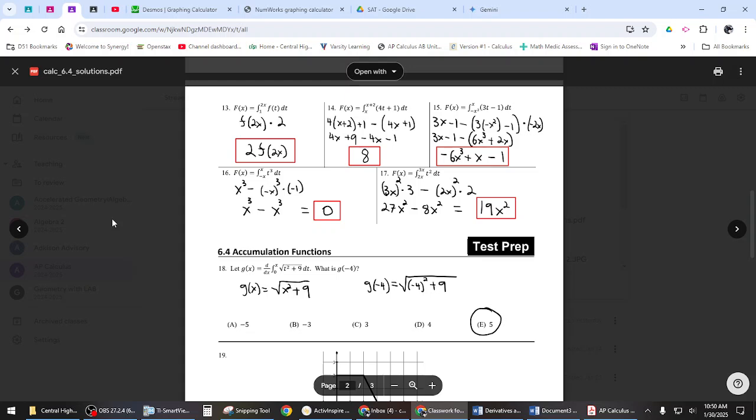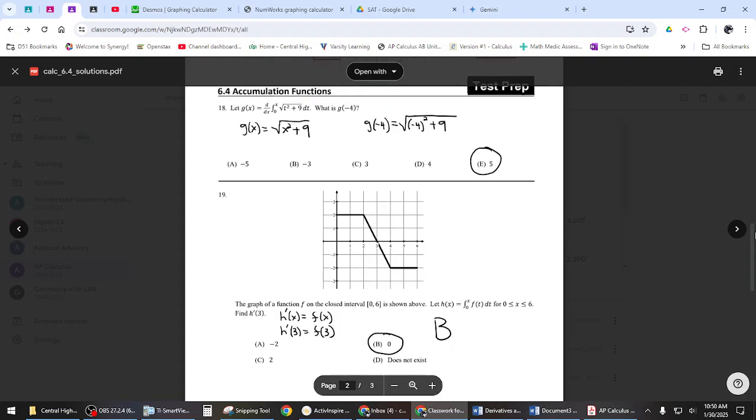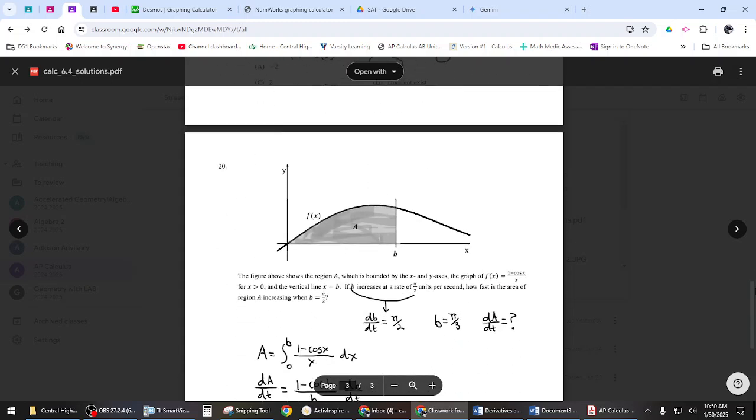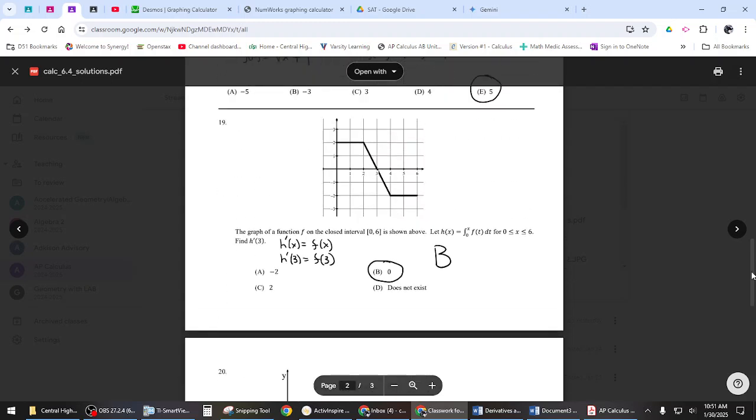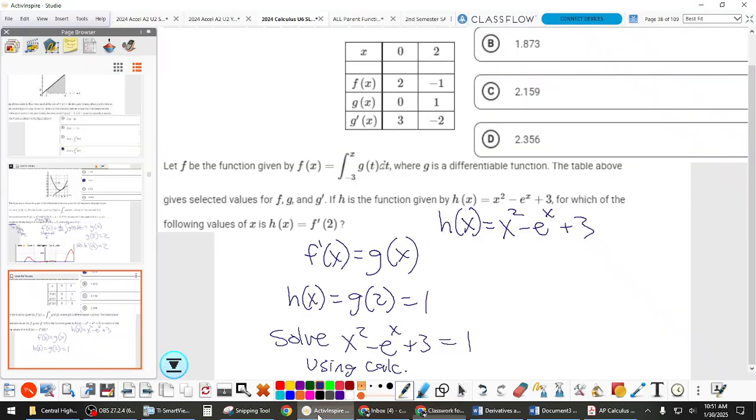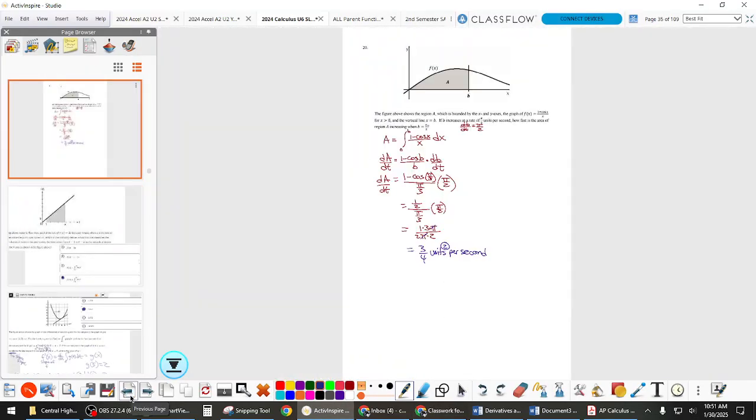All right, let me go down. The last couple, we did the last one yesterday. That one's B. Any issues with any of those besides 10? Okay, let's do 10. And we went over 20, right? Yep, we did. 3/4 squared units per second. Yep, good job.